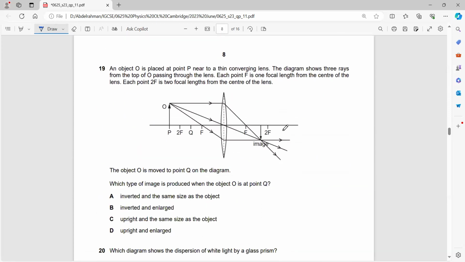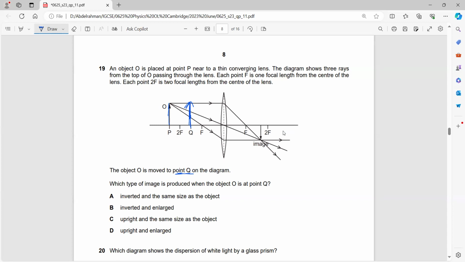An object O is placed at point P. Okay, object O is now placed at point P, and the image appears on the other side. When the object O is moved to point Q, now the object will be at this position. What will happen to the image?